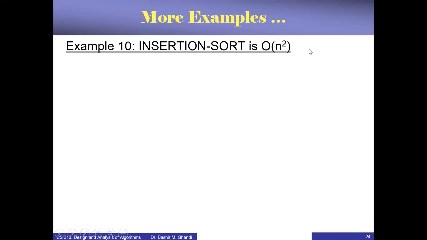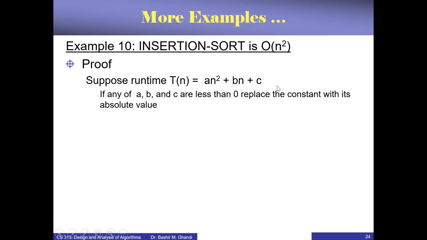Proof. The running time was a function of n squared, so let us put it like a quadratic equation, a n squared plus b n plus c. If any of a, b, and c are less than 0, replace the constant with its absolute value.